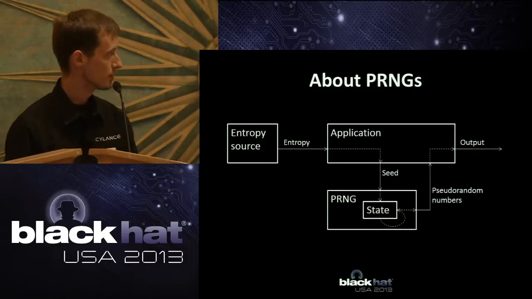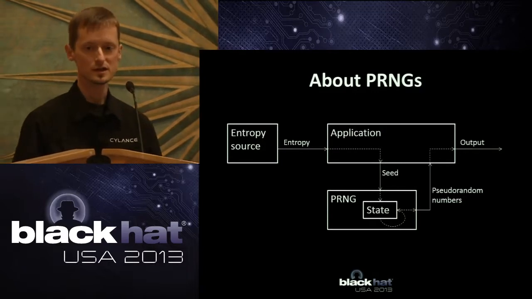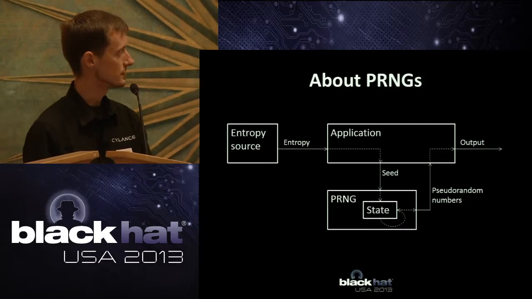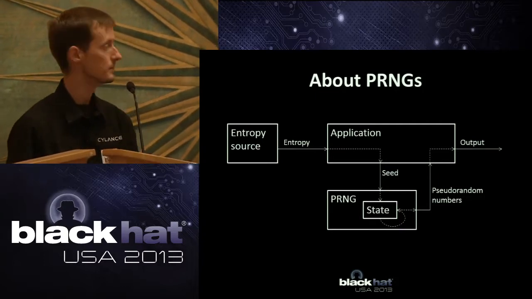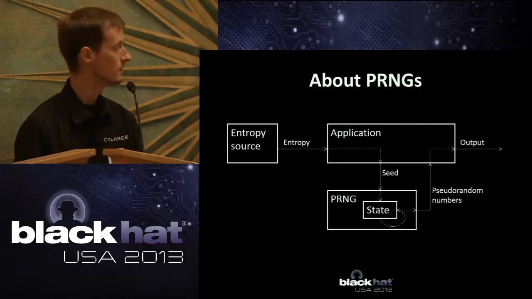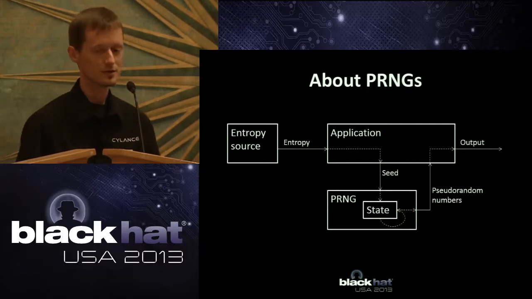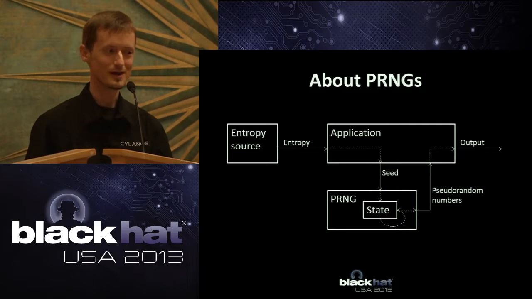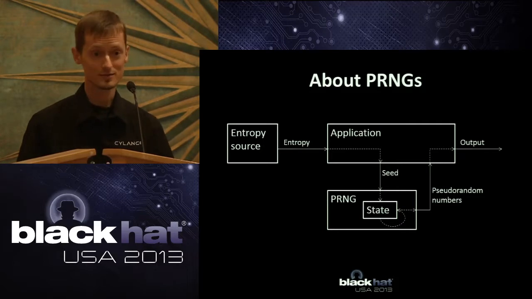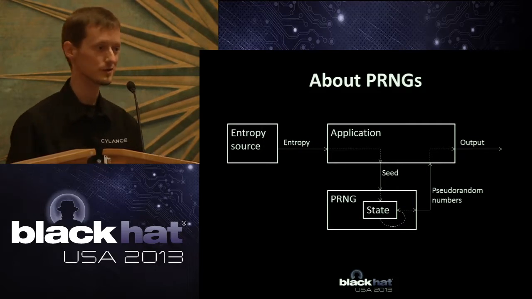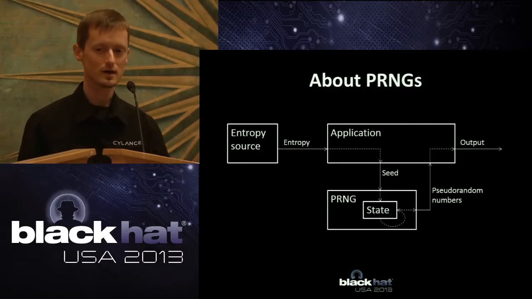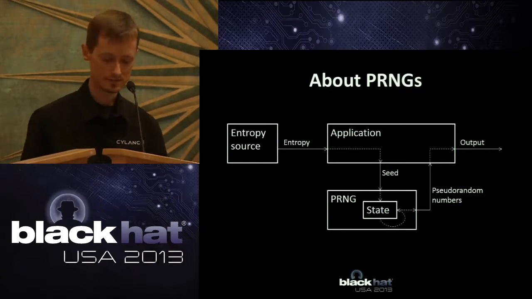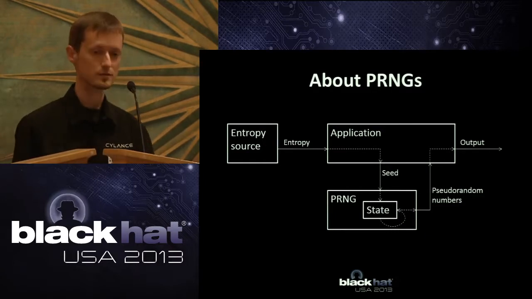So this component, the PRNG, is initialized. It's seeded with some seed that, for all we know, is hard-coded into the application or might be derived from what we're labeling an entropy source. This is not necessarily cryptographic entropy. We're talking typically timestamps, process IDs, nothing really good. But we're talking about common cases, what you might expect to see in applications that are exhibiting pseudorandom behaviors.